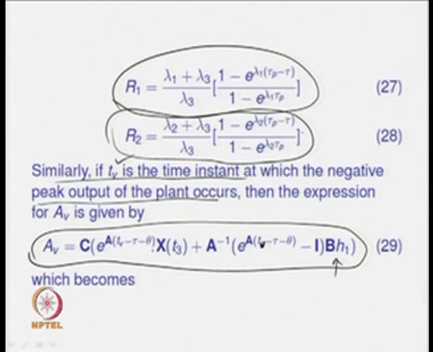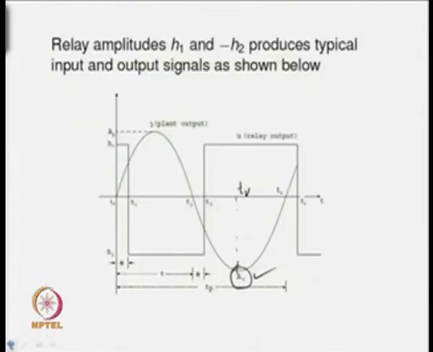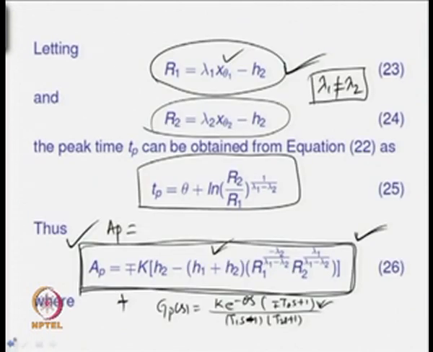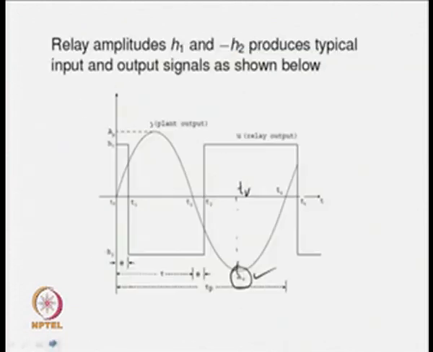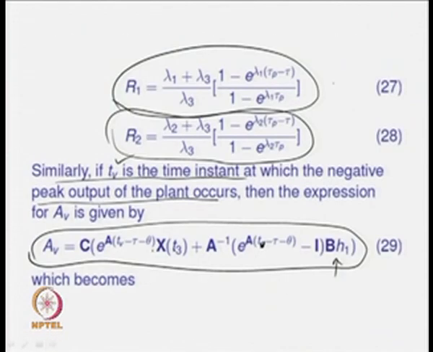So, what are the knowns and unknowns we have in these expressions? Let me consider the expression AP. Here the unknowns are lambda 1 and lambda 2, whereas R1 and R2 involve the measurements tau and tau p and lambda 3.